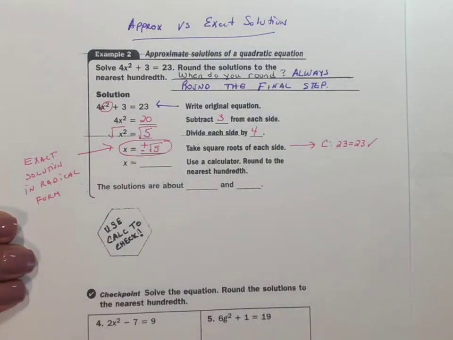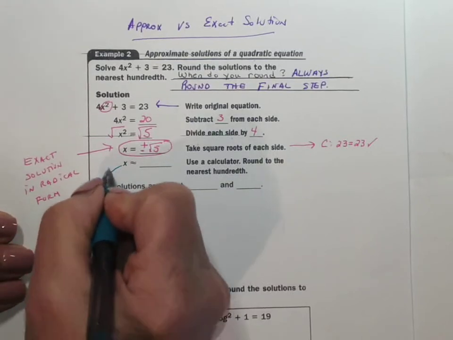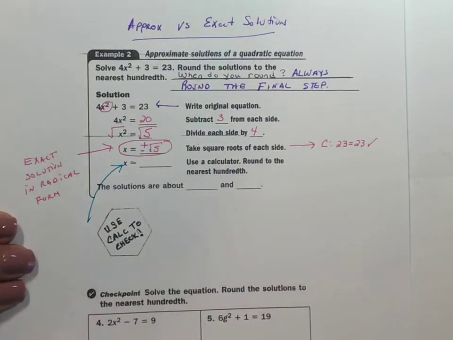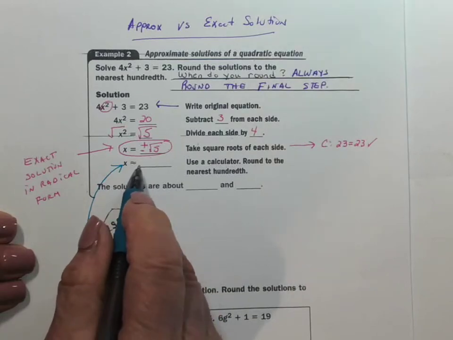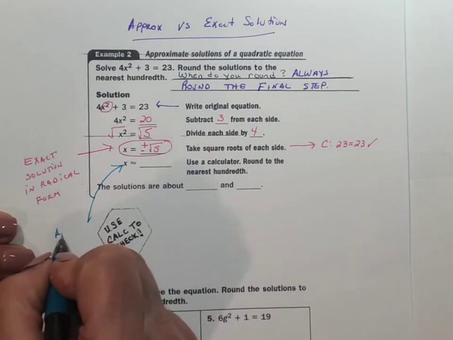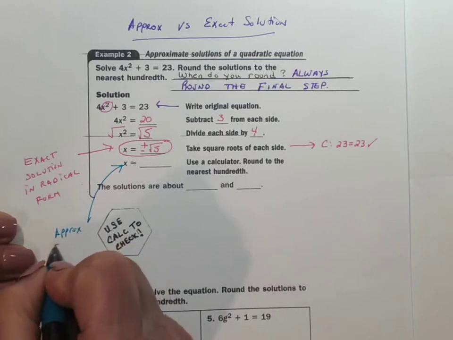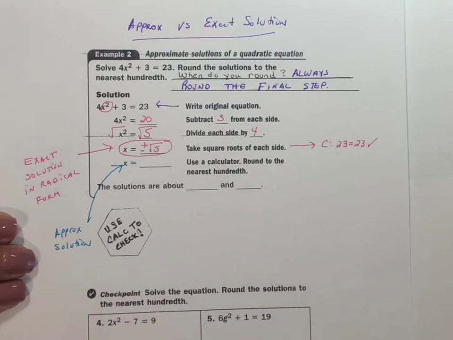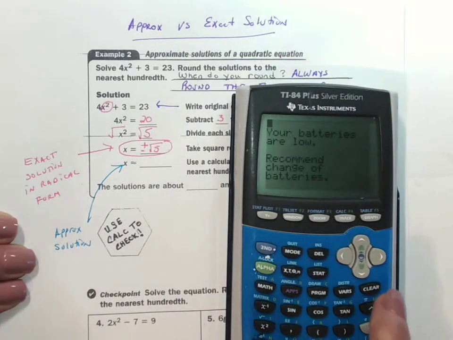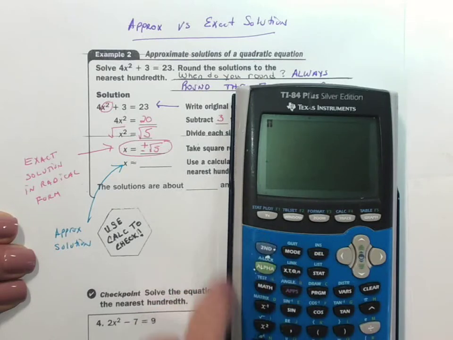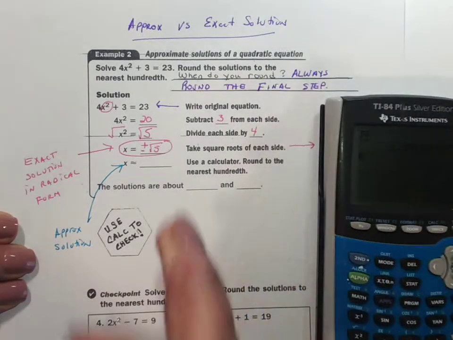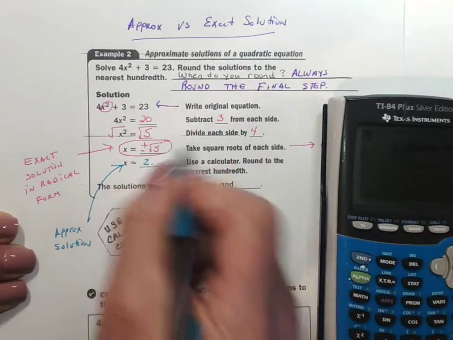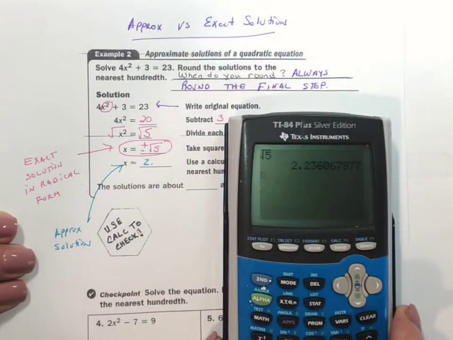Now, here is going to be the approximate solution. If I put into my calculator the square root of 5, I got 2.236.